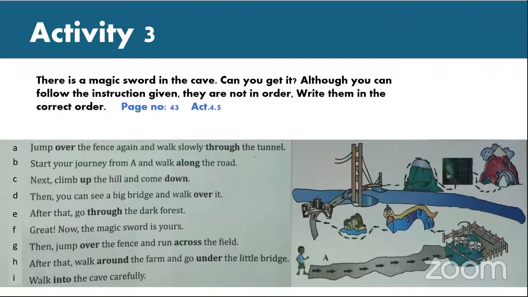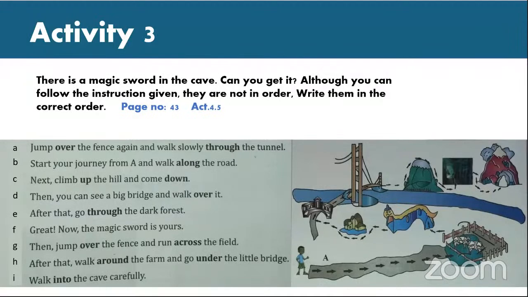There is a magic sword in the cave. Can you get it? Although you can follow the instructions given, they are not in order. Write them in the correct order.